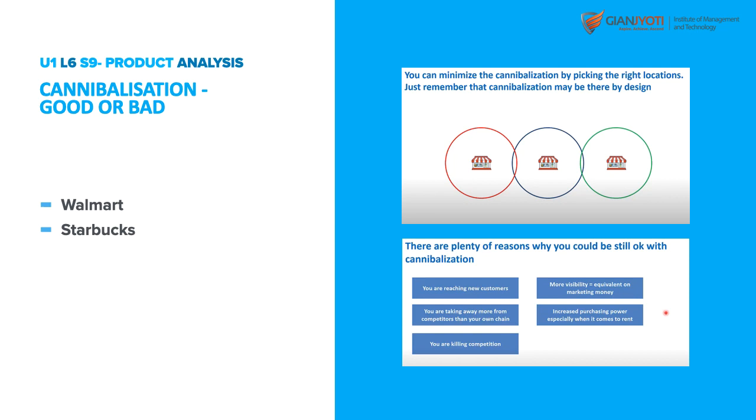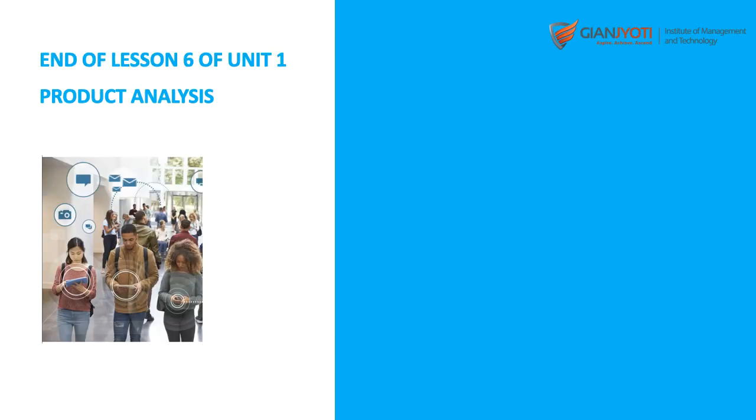So your purchasing power gets increased, and when we talk of the rent, of course, and you are trying to kill the competition because your visibility increases. And this is what Walmart and Starbucks employ by design.